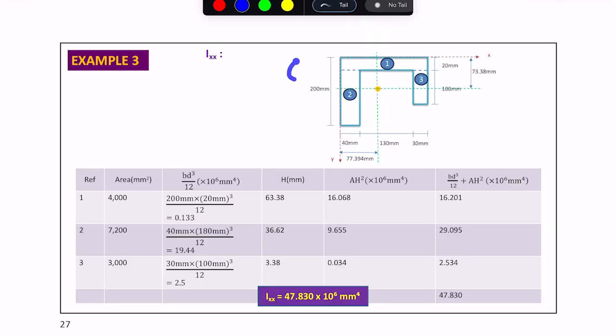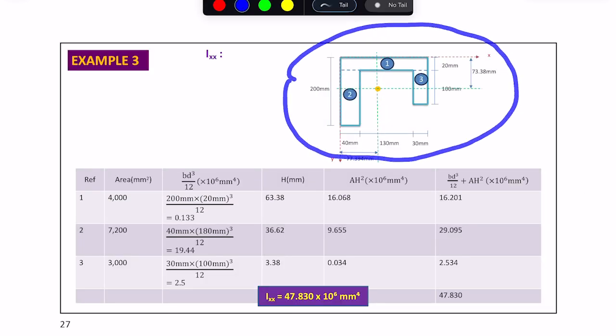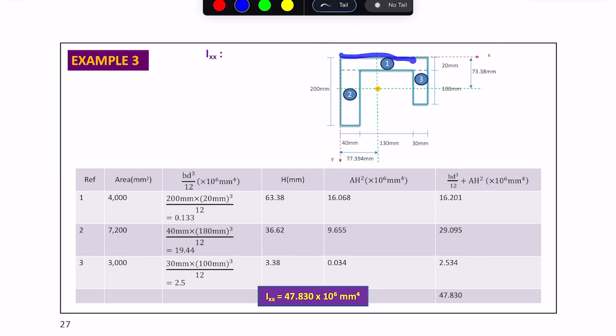Here I draw the sections and I mark the X bar from the x-axis and the Y bar from the y-axis. So this is the value. And I can finally calculate the IXX for this section.